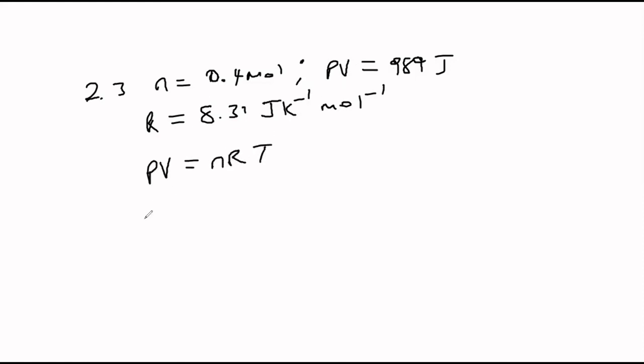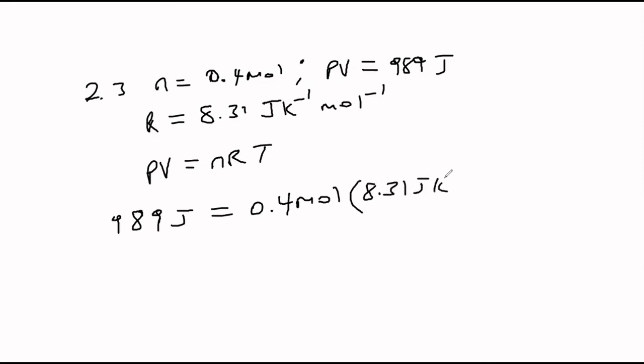Let's substitute. PV is 989, measured of course in joules. The number of moles is 0.4 moles. R is 8.31 joules per Kelvin per mole. Then T is what we are looking for.